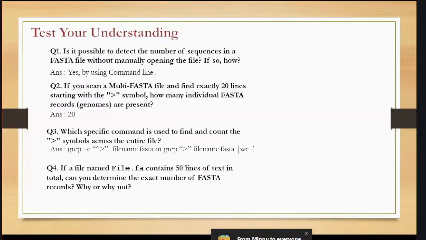Or if you have any doubt with any of the three, you can ask. If a file named file.fa contains 50 lines of text in total, can you determine the exact number of FASTA records? How? Can anyone unmute yourself and answer it?